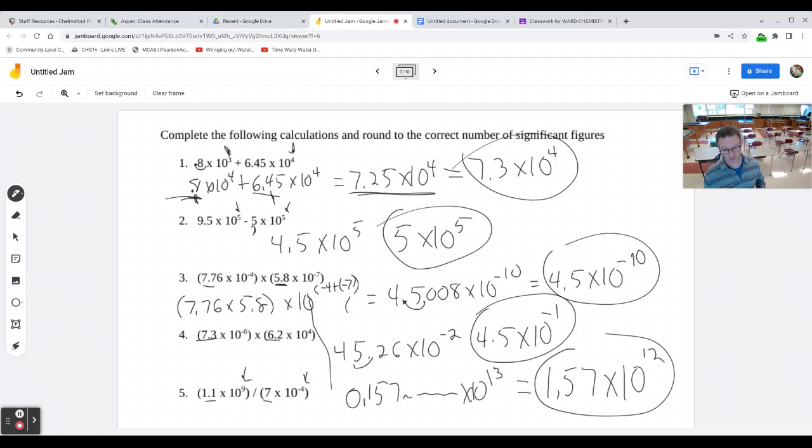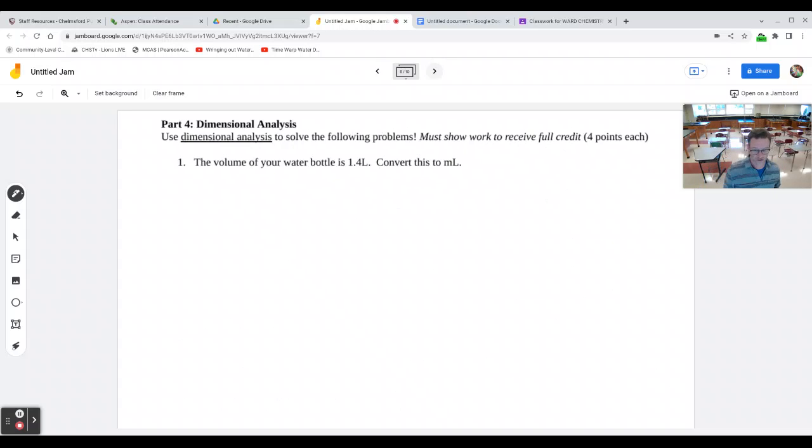The final couple of questions are dimensional analysis. The first one is a straight metric conversion. The bottle is 1.4 liters. Convert to milliliters. So you need to know the conversion from liters to milliliters, or meters to millimeters, or grams to milligrams is one base unit.